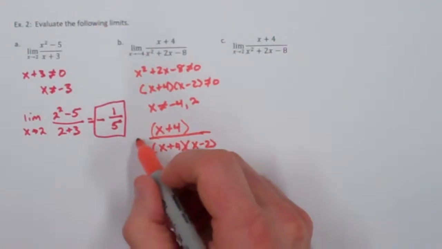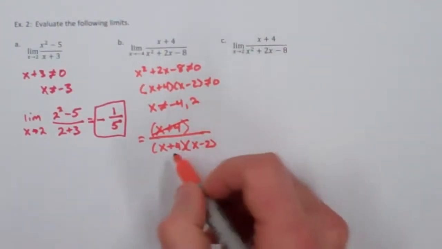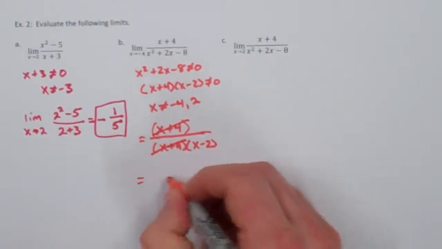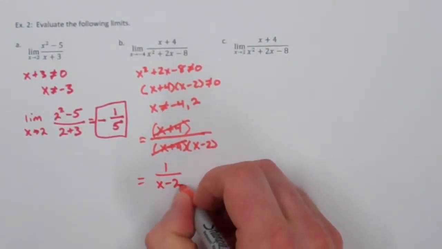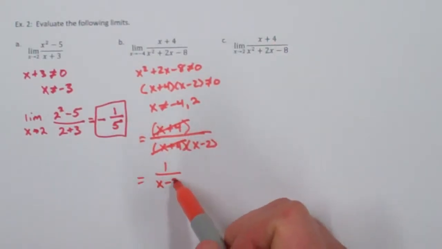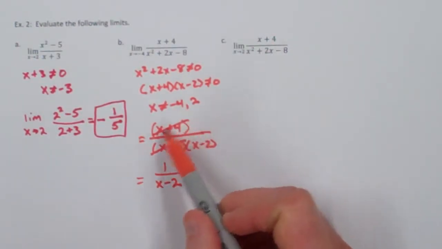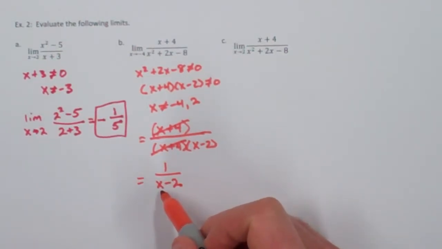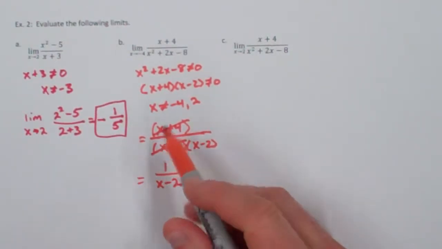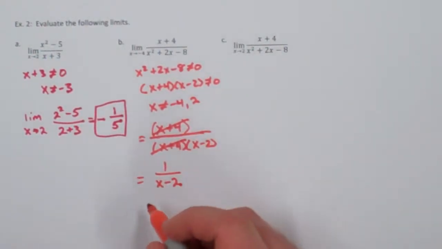If we take a look at this function, we've got x plus 4 over x plus 4. So that would leave us with 1 over x minus 2. Now, for this new function, the only value that x cannot be is 2, and luckily, we're asked to evaluate this at negative 4.